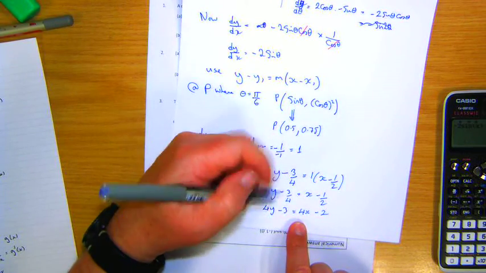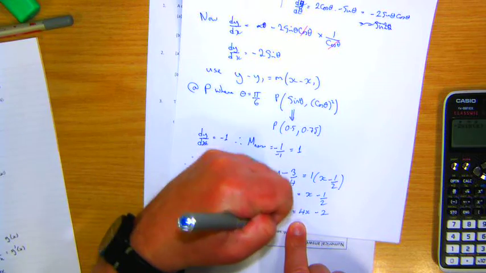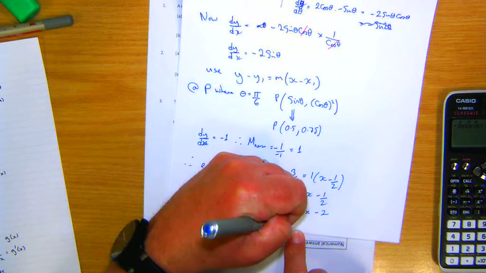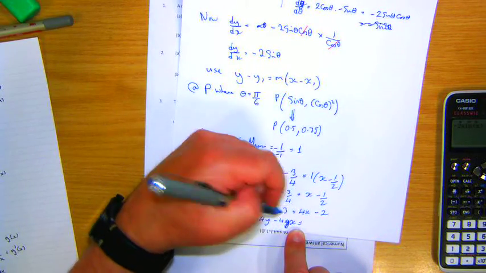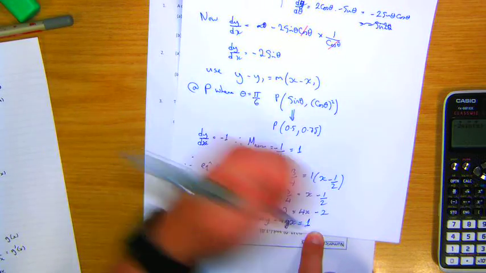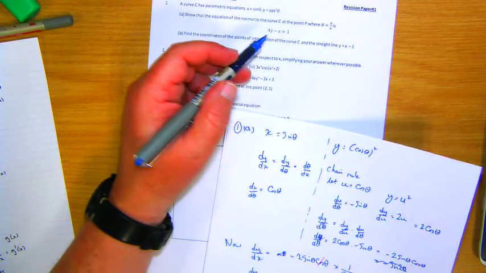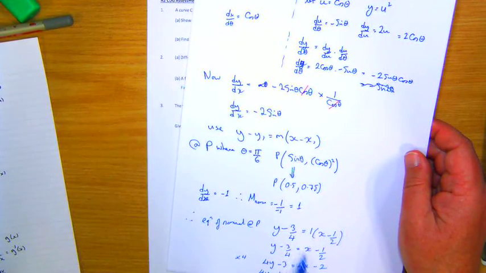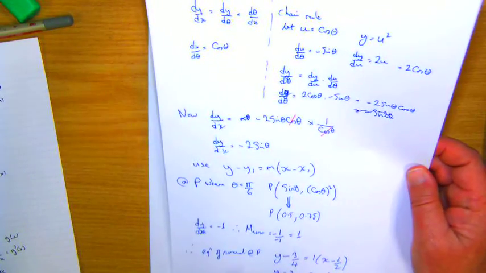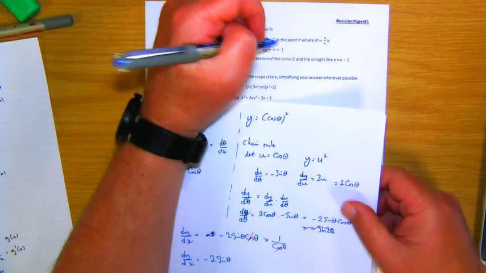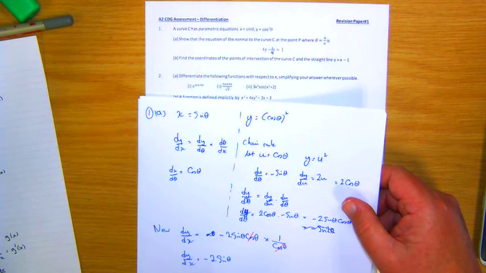I'm going to end up with 4y minus 4x equals, if I take that 3 over, it becomes 3 minus 2, which is 1. So it's 4y minus 4x equals 1, not 4y minus x equals 1. So clearly when I was rushing through this, I multiplied by the 4 and didn't multiply that by 4. So I've gone wrong either when I was working this out or now. You tell me. So that should be, I think, 4y minus 4x equals 1.